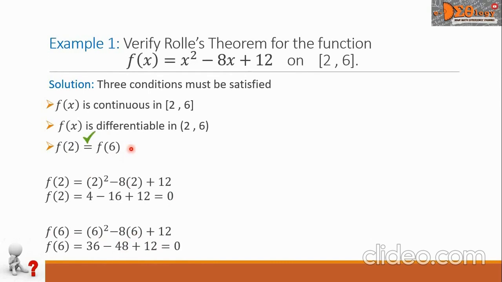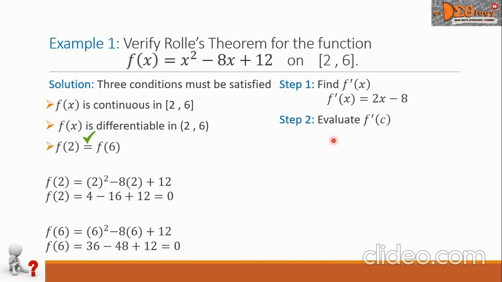Now, we will look for the value of C. Our step 1 is to find the derivative. So f prime of x is equal to 2x minus 8. Step 2, evaluate f prime of C. It means we will substitute the value C to every x that we see on the right side.